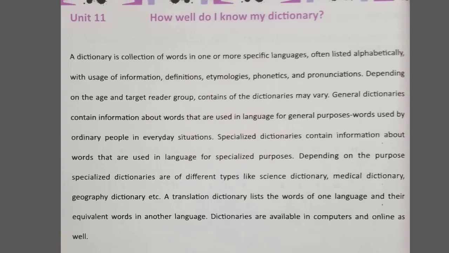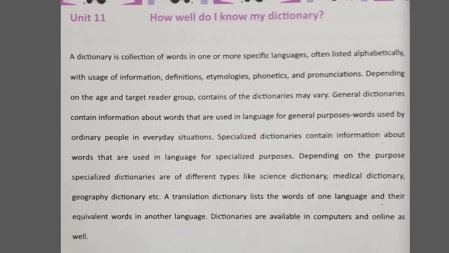Okay, now for the summary, we saw that the dictionary is definitely a collection of words, right? Also, we saw that not only the meaning, it has other things to offer as well, like the pronunciations and the origin of the words, right? Okay, now we also saw that depending on the age, meaning that there are some target readers for dictionaries as well, like we may have a dictionary for children, and then we may have the general dictionary as well, right, for everyone else.